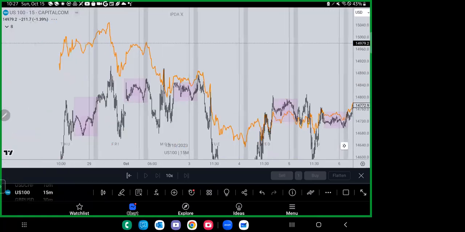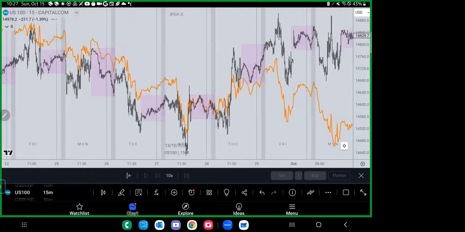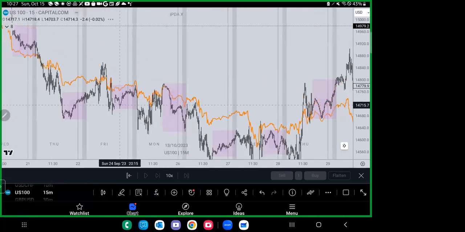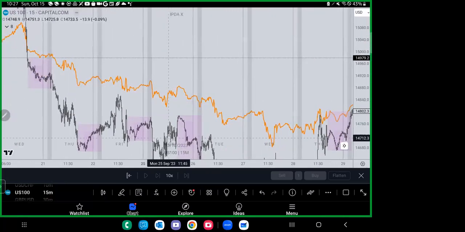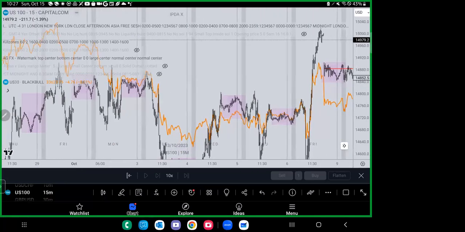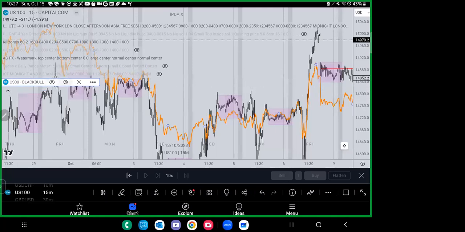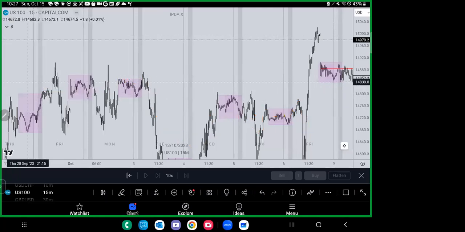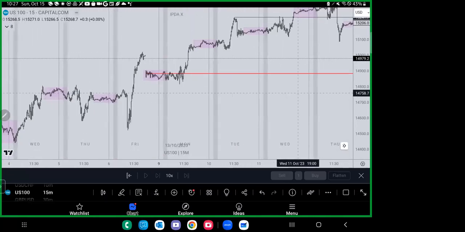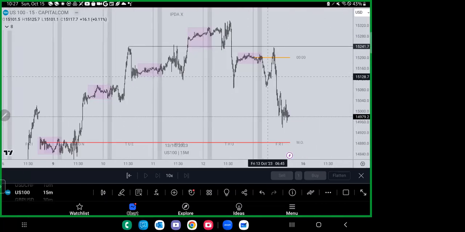In my studies I found a very high correlation between S&P and NAS, but obviously there's a correlation between Dow and NAS as well. And if this is correlating with NAS, then obviously it would be correlating with SPY. Does that answer your question?